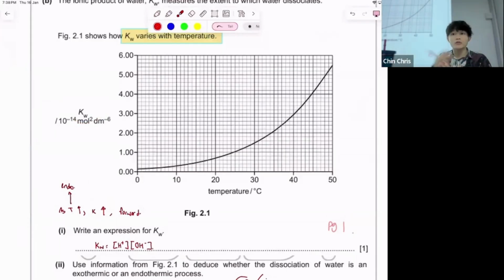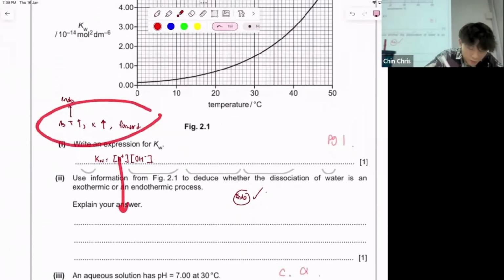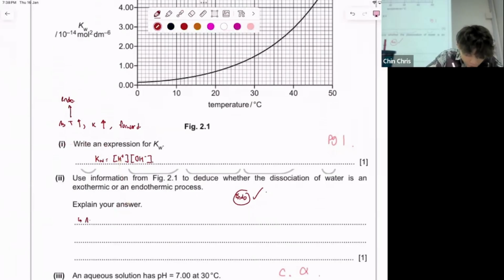Guys, remember, your Kw is just like any other K. K is high, forward reaction. K is low, backward reaction. And K is a constant, only changes when temperature changes. It's just like your Kc, Kp in AS. Now we have Kw. So I'm just going to put the entire thing into words here. First, as temperature increases, Kw increases, correct?